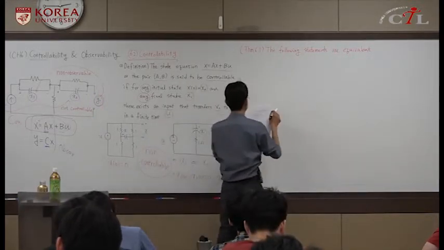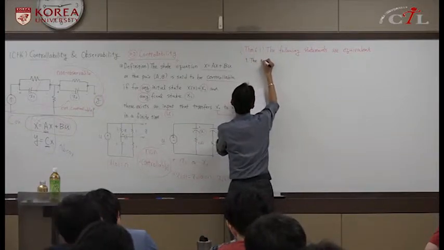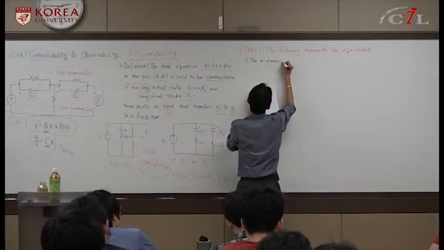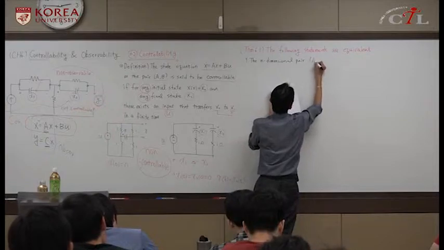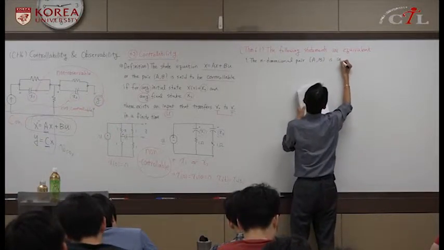First, the n-dimensional pair A and B is controllable.